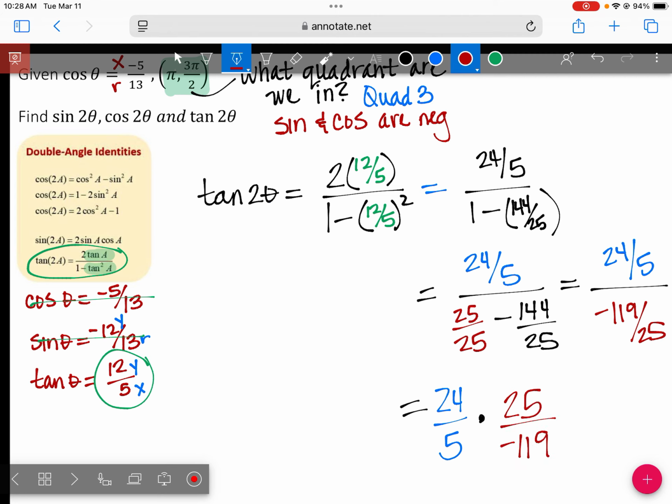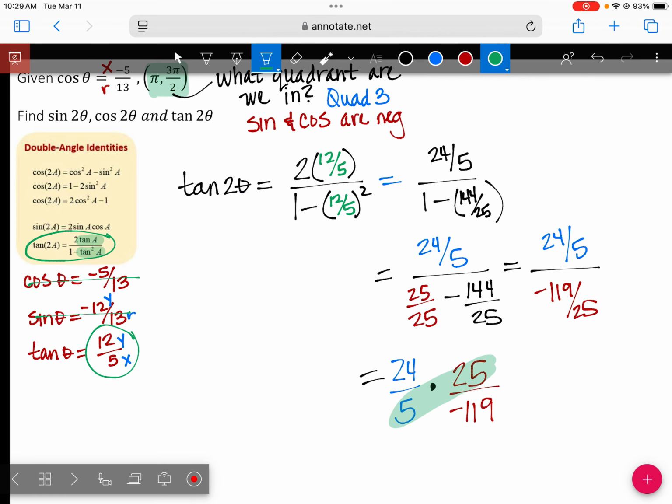So that looks like some big numbers. You're probably like, man, I have to take 24 times 25 without a calculator, and then 5 times 119 without a calculator. No, you don't actually, because we can cross simplify. This is an example where it would make sense to reduce these two numbers. What number goes into 5 and 25? 5.